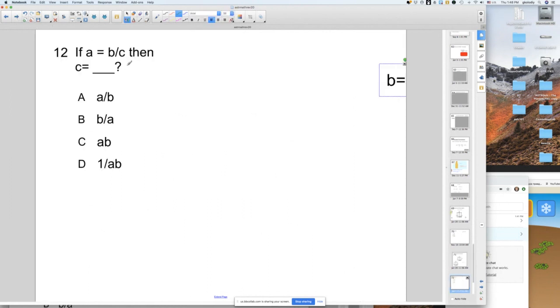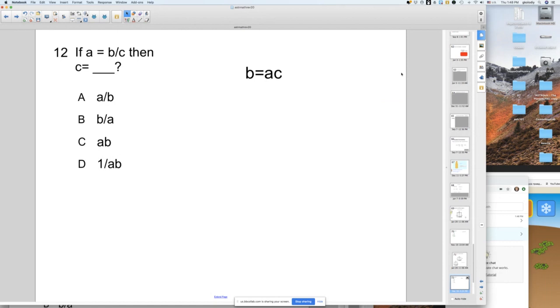All right, so coming back to this, if A equals B over C, what if you want to solve for C now? What would C equal? Well, I'll give you a little hint. In the previous problem, we found B is equal to that.